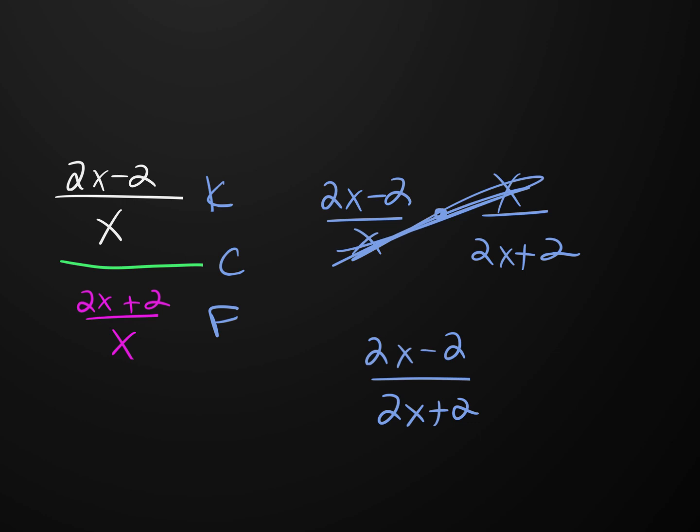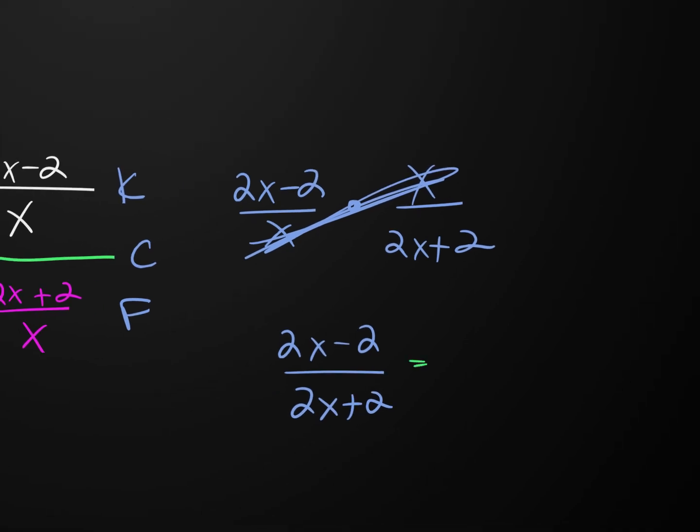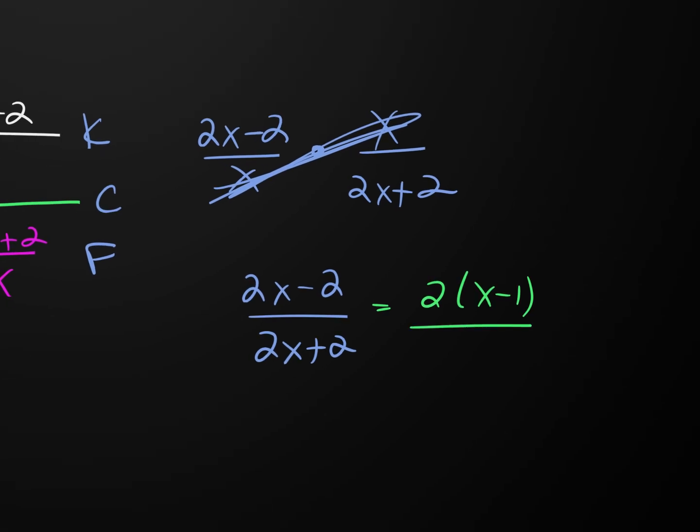No. What in the numerator can I take out? I can factor out a 2, so I'm left with x minus 1. What in the denominator can I do? Factor out a 2, and I'm left with x plus 1. Now, what can we do? We can cross off the 2's. Are we completely simplified now? Yes. Good.